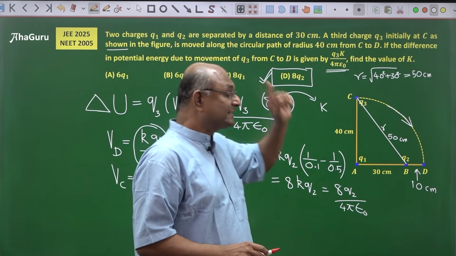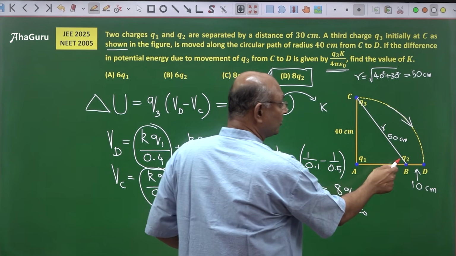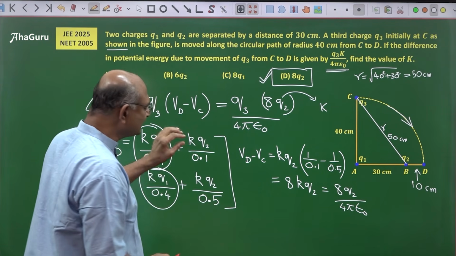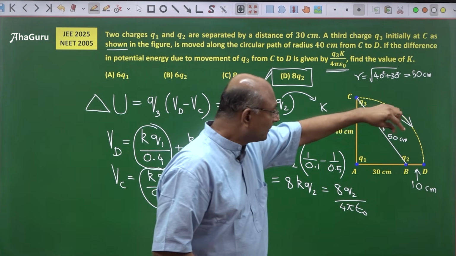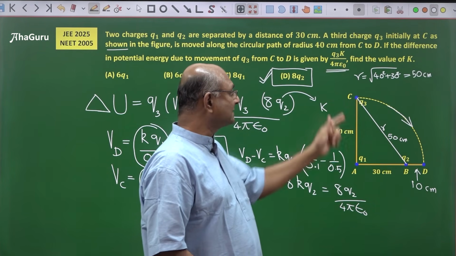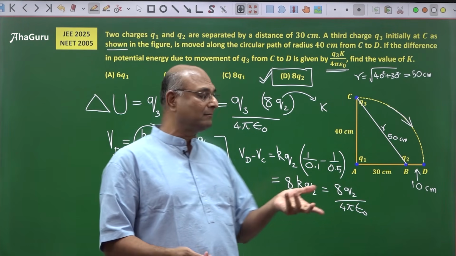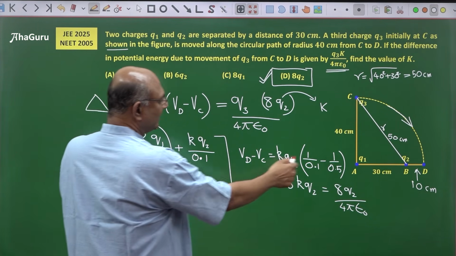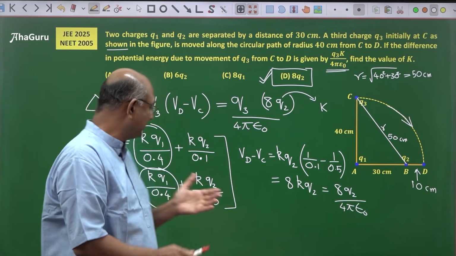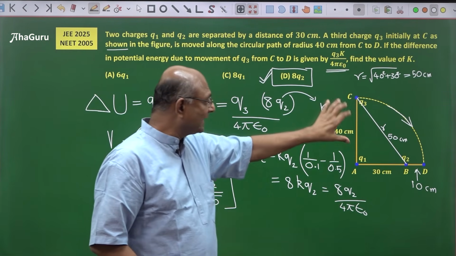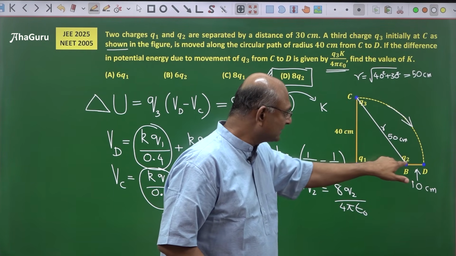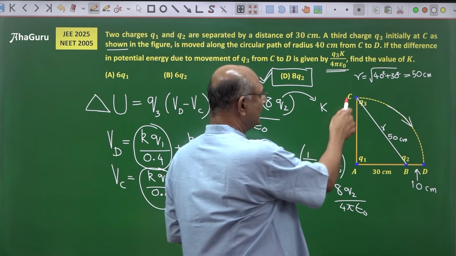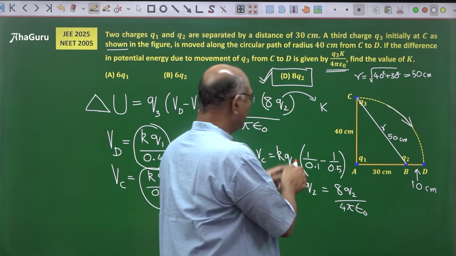Any change is going to happen because of Q2. So instead of writing this whole thing, we could have just directly written KQ2 by 0.1 minus KQ2 by 0.5, and that's exactly what I've written finally, right? Because this cancels out. So you could have just ignored Q1 and focused on Q2, because that is the one thing where the distance is changing. So therefore, KQ2 by 0.1.